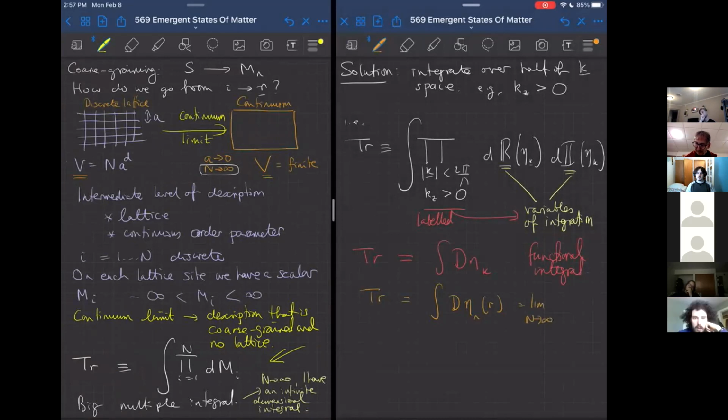Is there any reason that we need to integrate over just a half space instead of just dividing by 2? Yes. It's not that the result is divided by 2, it's just that the region of space that we integrate over is divided by 2.